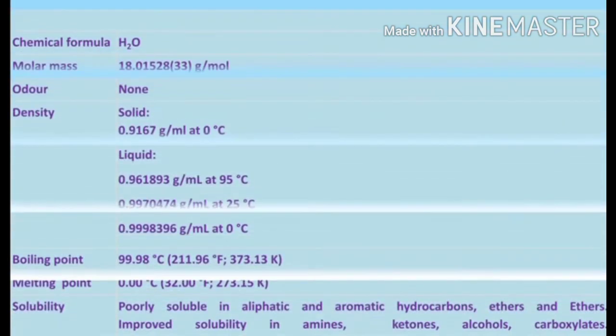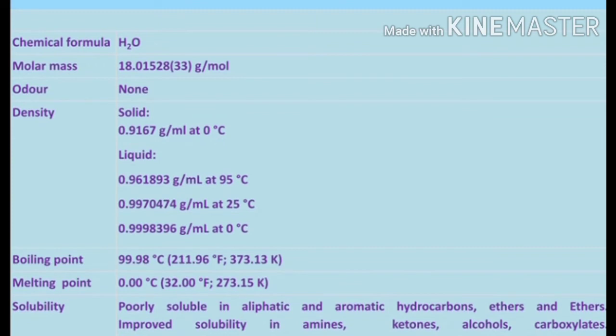Finally, conclusion. Chemical formula of water is H2O. Molar mass 18.015 gram per mole. Odor, odorless. Density in the solid state 0.9167 gram per ml at 0 degrees Celsius. Liquid state 0.961893 gram per ml at 95 degrees Celsius.